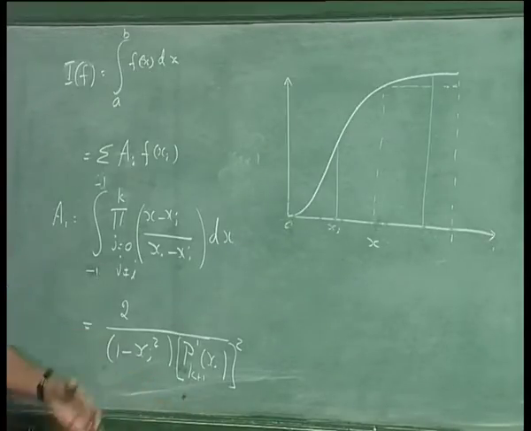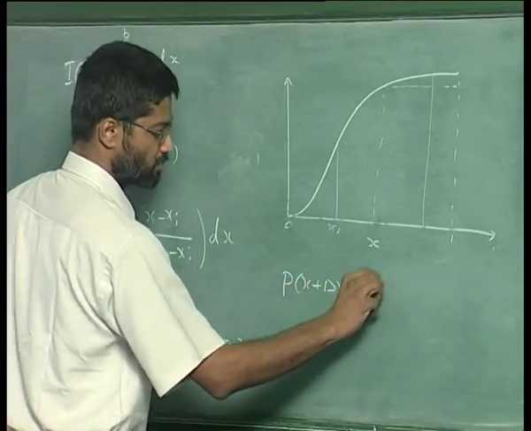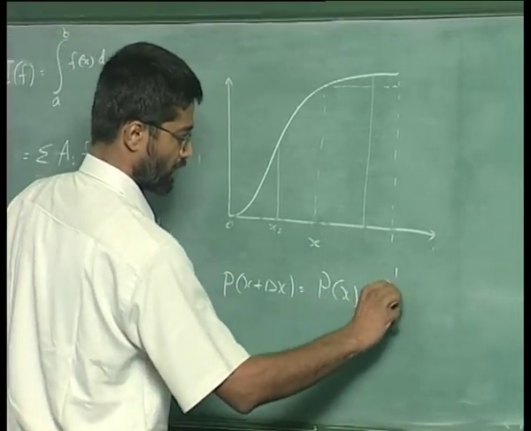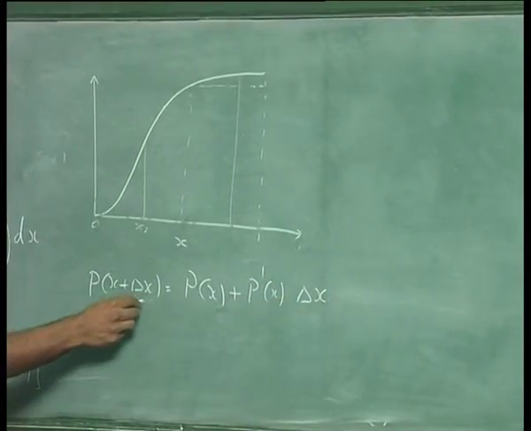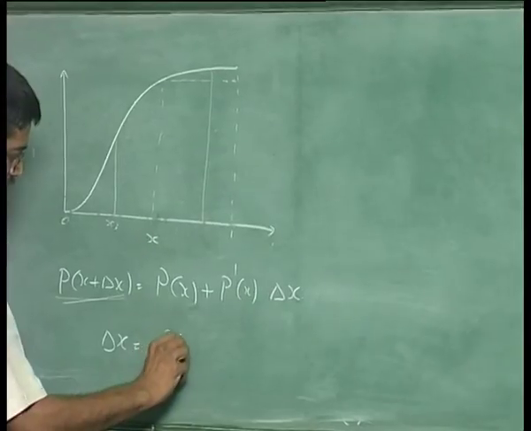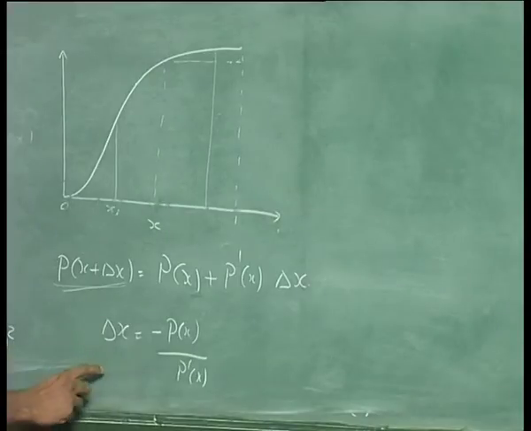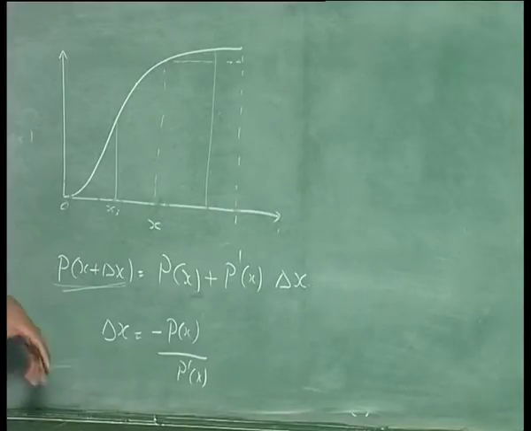I just make a guess value for the zero, and then I write p of x plus delta x as p of x, p being the polynomial of some order, plus p prime of x into some delta x, and then I say that this should be my zero. So I get delta x as minus p of x divided by p prime of x, and then I add this. I start with a guess value for x, and in the next iteration I take x plus delta x as my guess value, and I repeat this till p goes to 0. So that's a simple Newton-Raphson scheme.